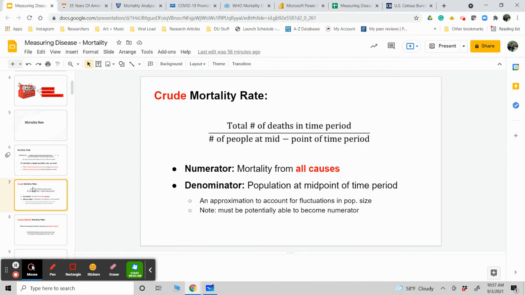In its most simple form, sometimes called the crude mortality rate, we're not really looking at anything in particular, we're not trying to assess specific diseases in specific groups. If we just wanted to know the total number of deaths divided by the size of the population, it's this.